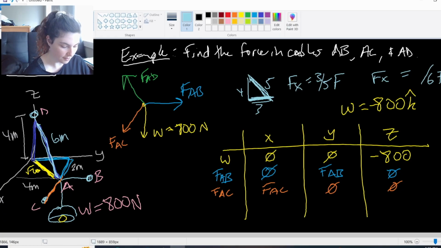And then on the top, for F of x, in my x direction, it is coming out by 2 meters in the x direction. So it would be 2 over 6 times F. 2/6 F is the x component of that cable AD. So I'm kind of just taking a shortcut from doing a position vector, because if we did a position vector, we would find the exact same thing, right? If we found the position vector, the position vector would just be 2, 2, 4, 4, right?